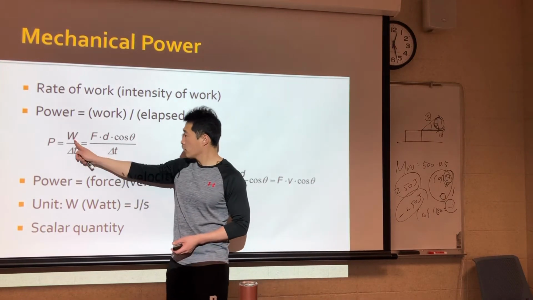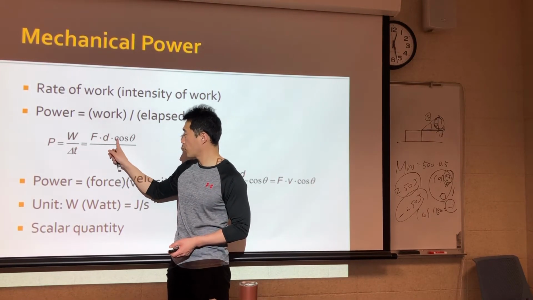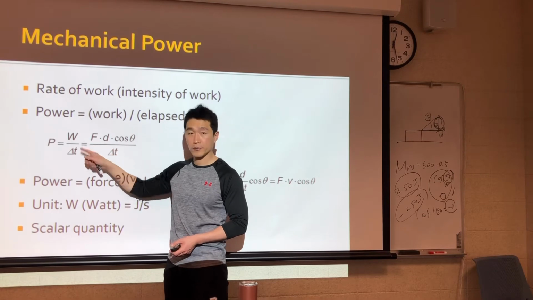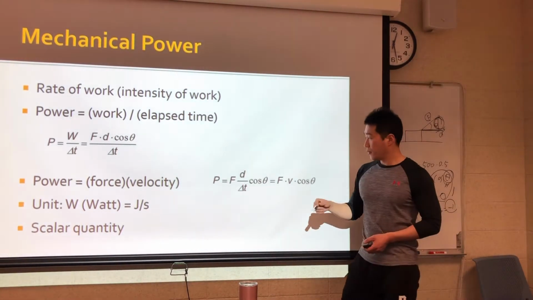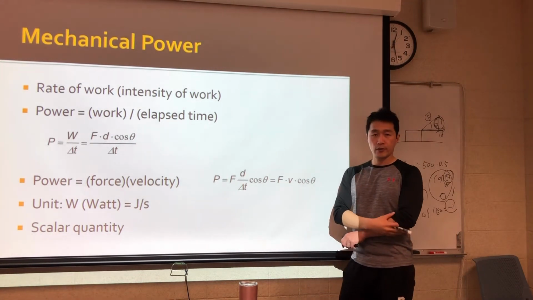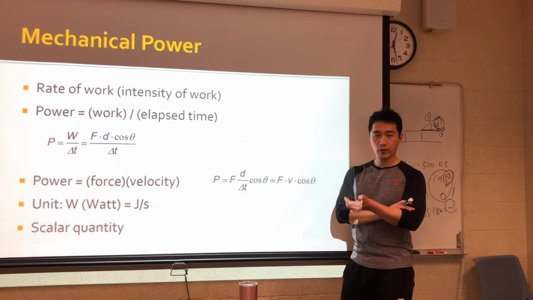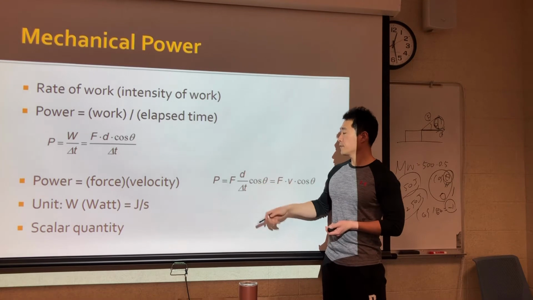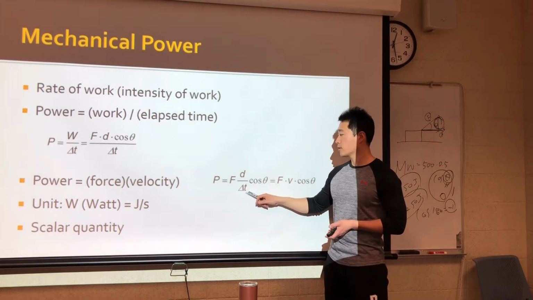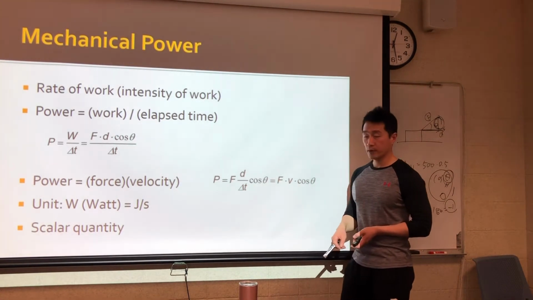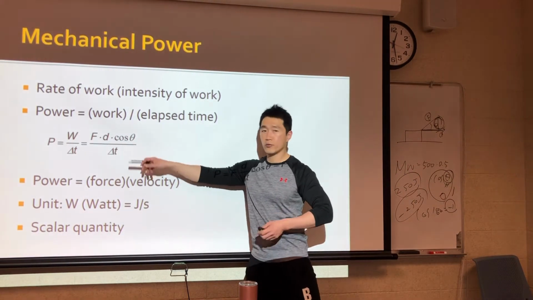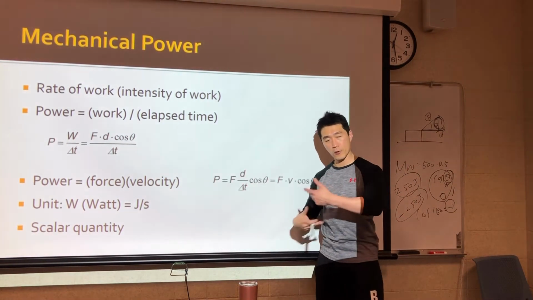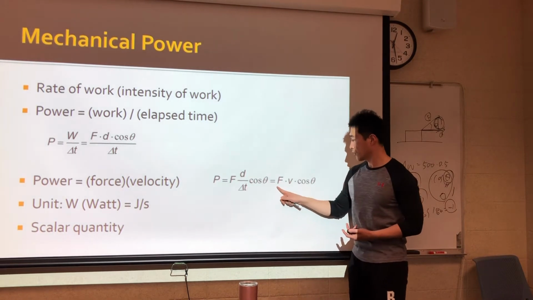And the work is, as you learned, force times displacement times cosine theta. But here, from the linear kinematics chapter, you learned velocity is equal to displacement over time elapsed. That's why this can be reorganized this way.